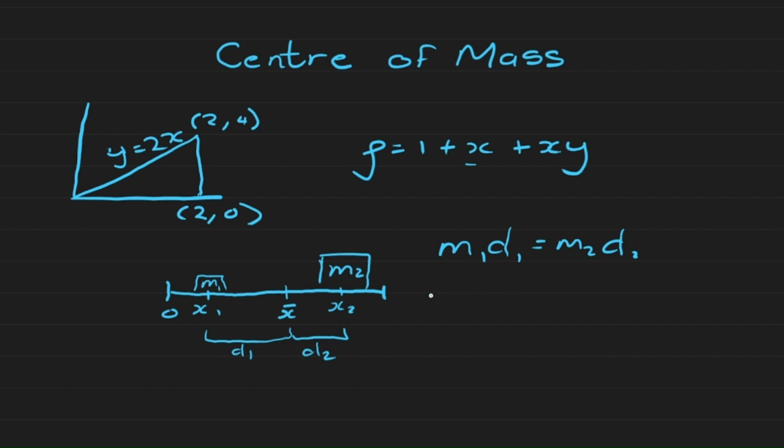If we substitute that in, m1 is multiplied by x bar minus x1, since d1 is x bar minus x1. This is equal to m2 times, and since x2 is on the right-hand side of x bar, it's x2 minus x bar.